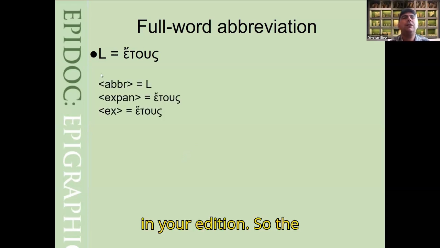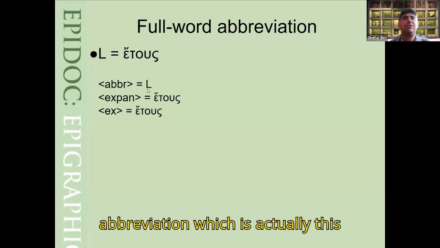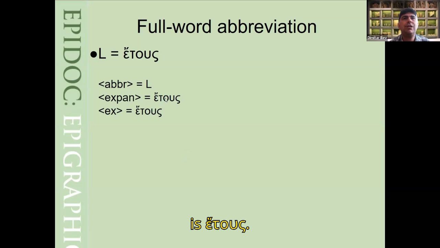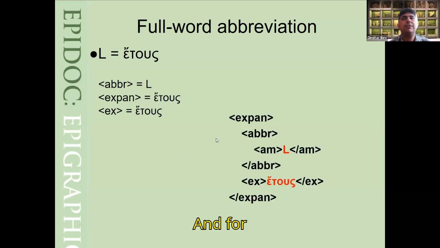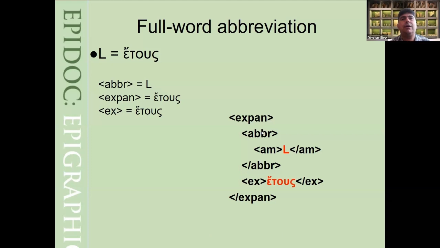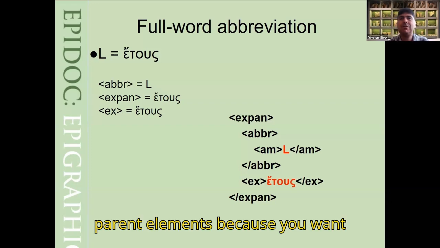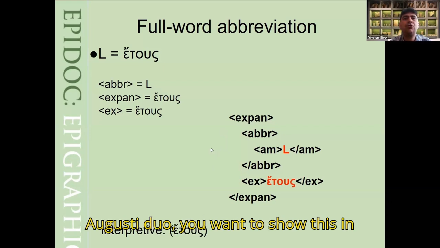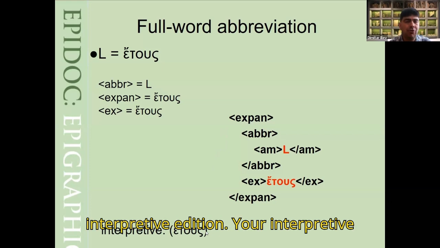So the abbreviation, which is actually this sign, the expansion of the abbreviation is etus, and for this you use the tag in the abbreviation parent element, because you want to show this, just as with the Augusti Duo, you want to show this in your diplomatic, but not in your interpretive edition.